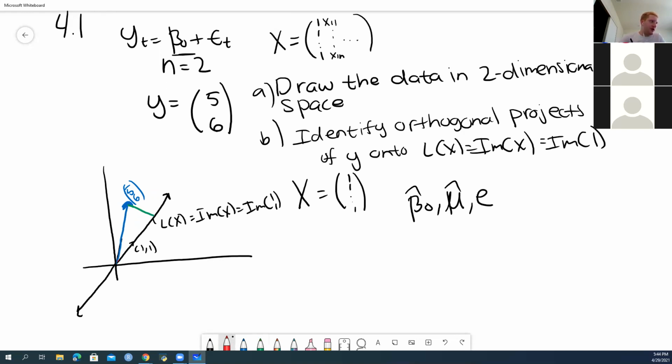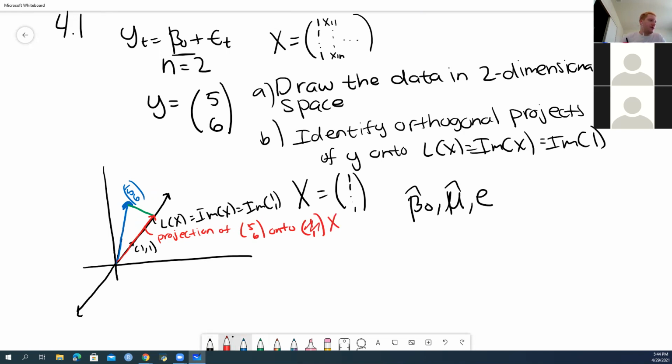This here is the projection of 5, 6 onto 1, 1, or onto x, I should say.